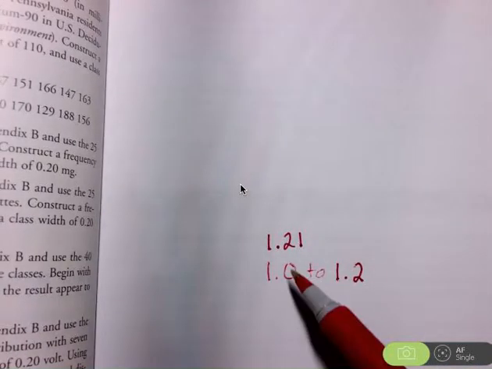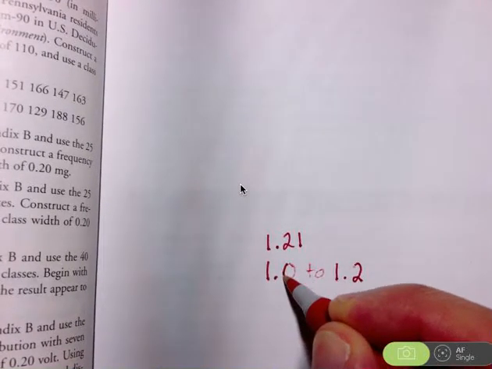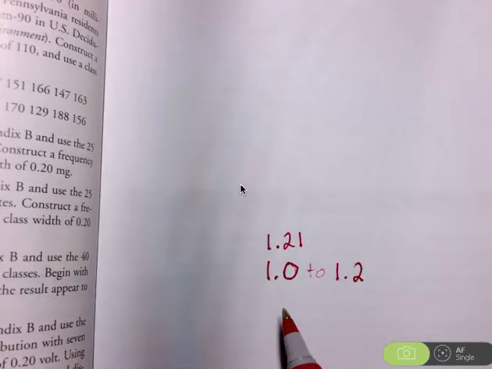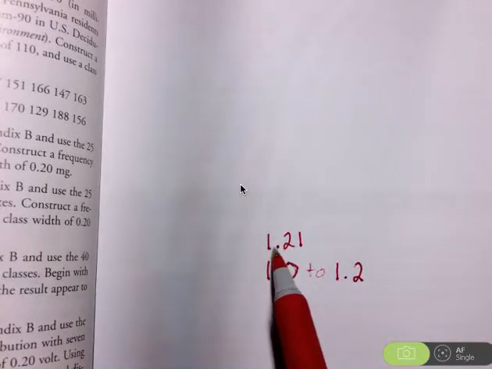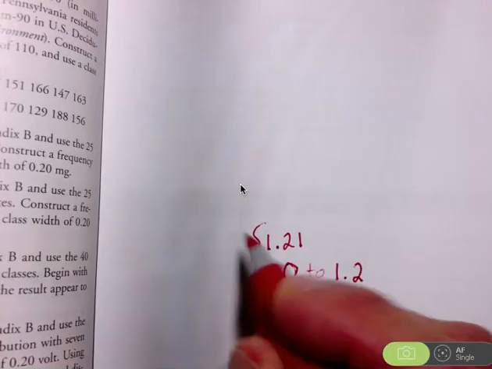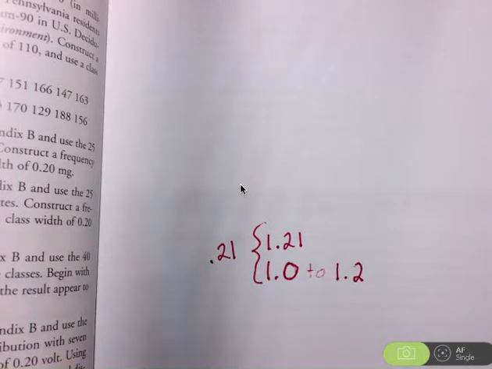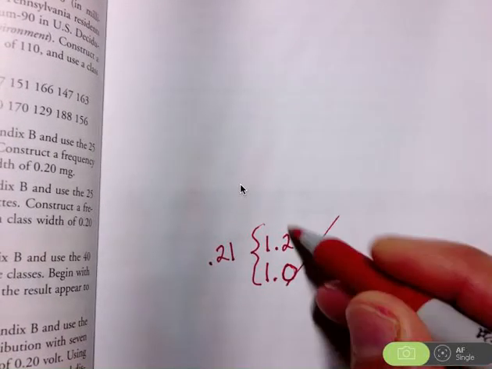So look, right here is a cheap way to determine your class width. You can determine your class width by taking the difference of 1.21 and 1.0. So the difference between those right there is 0.21. So understand, this isn't the way to do it.